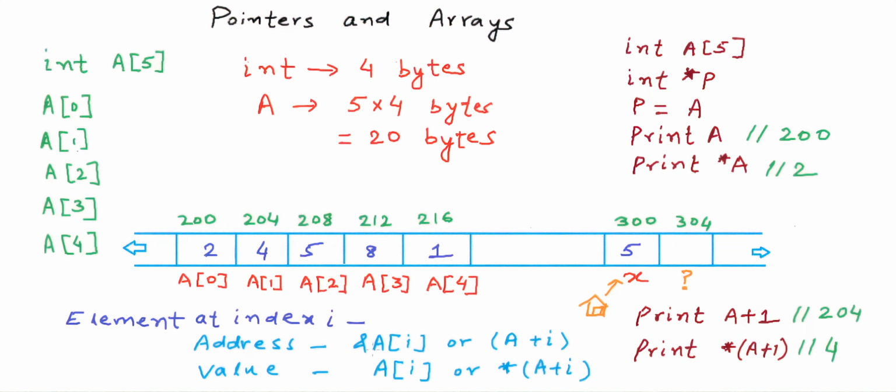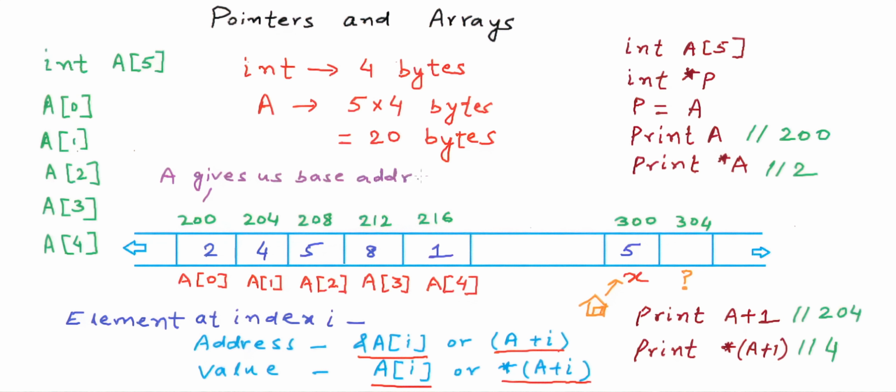Now this is an important concept. We can write ampersand a[i] or a plus I for each other and they mean the same, and we can write a[i] or asterisk of a plus I for each other and they mean the same. The address of the first element in the array can also be called the base address, and simply using the variable name a gives us the base address of the array.